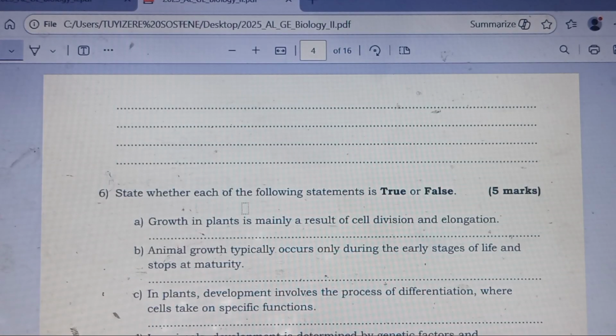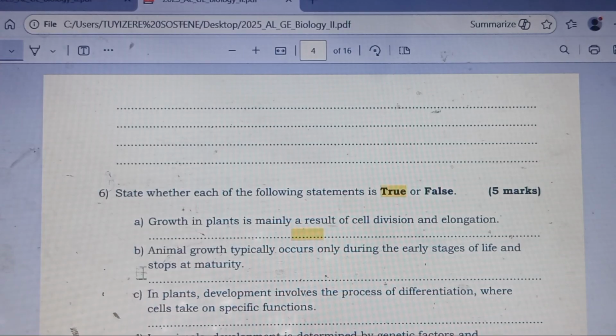State whether each of the following statements is true or false. A. The growth in a plant is mainly a result of cell division and elongation. Is it true or false? For A it is true.